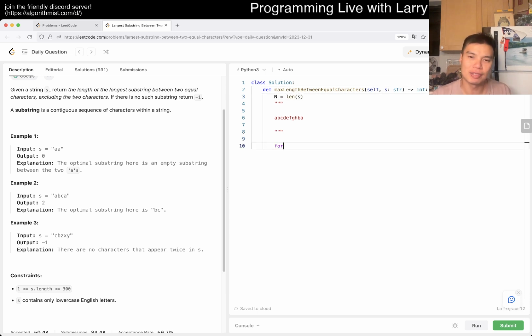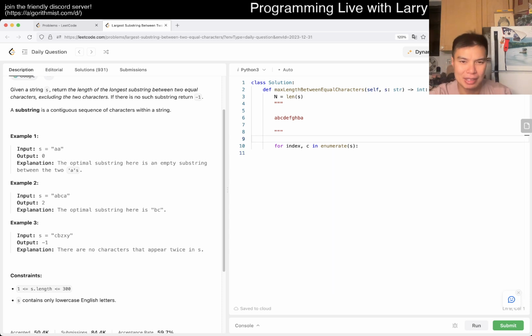But yeah, for index, c in enumerate(s), now what happens when you see a character? Well, my initial intuition is something like a stack, maybe, where you figure out the last thing that you're matching.